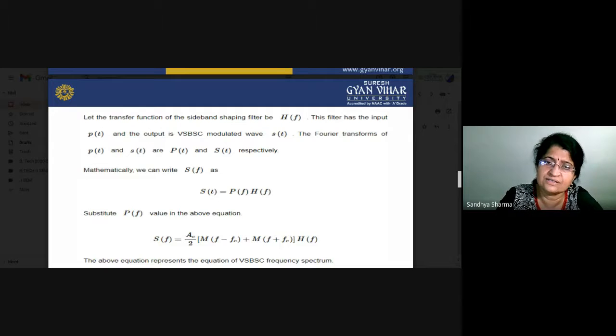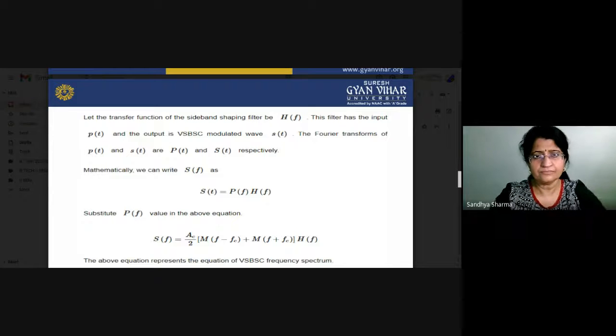For that, we will use VSB-SC modulated signals. This is the Fourier transformation of it, and we can plot the spectrum. Here we require a proper sideband shaping filter H(f). So we can say that VSB-SC transmission is a very useful transmission.